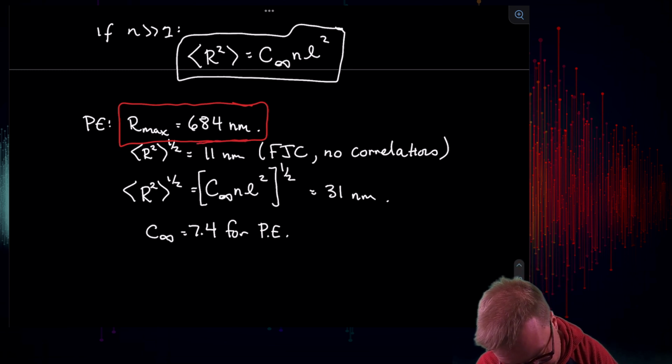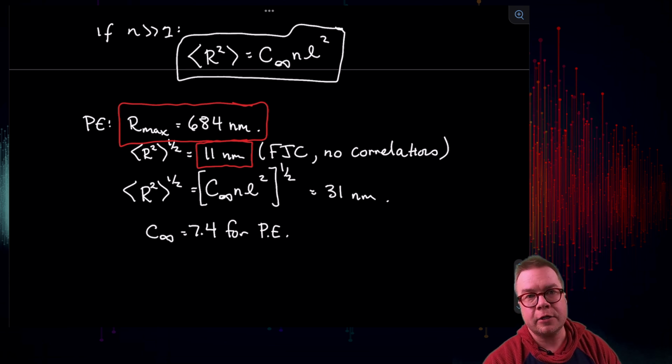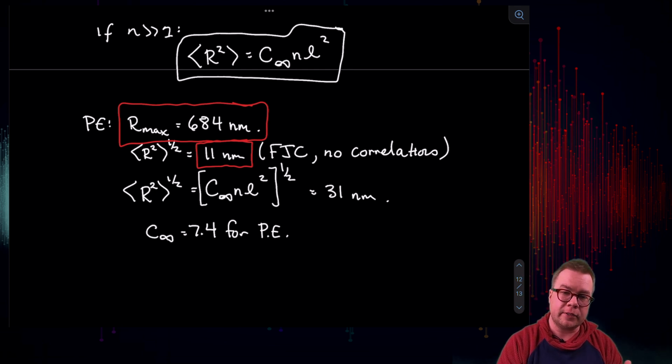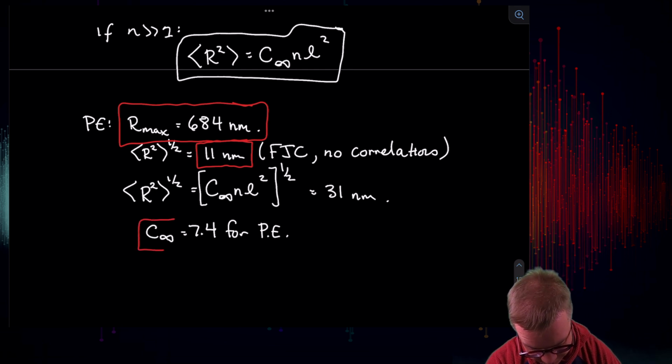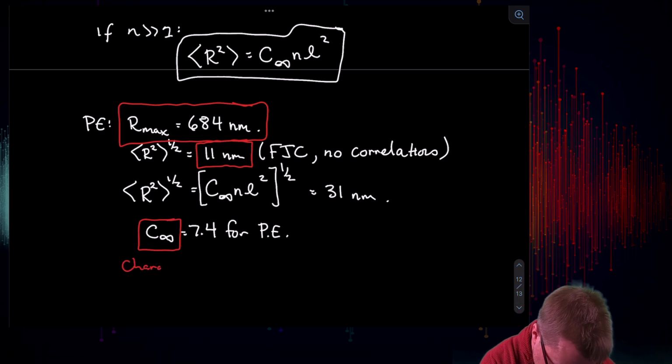We can estimate what its size would be if we assume that there's absolutely no correlations between the angles between any two bond vectors. And then we can start to incorporate some local correlations that we know from the chemistry of the molecule. Generally, we figure these values, C infinity, out by measurements. We call these characteristic ratios.